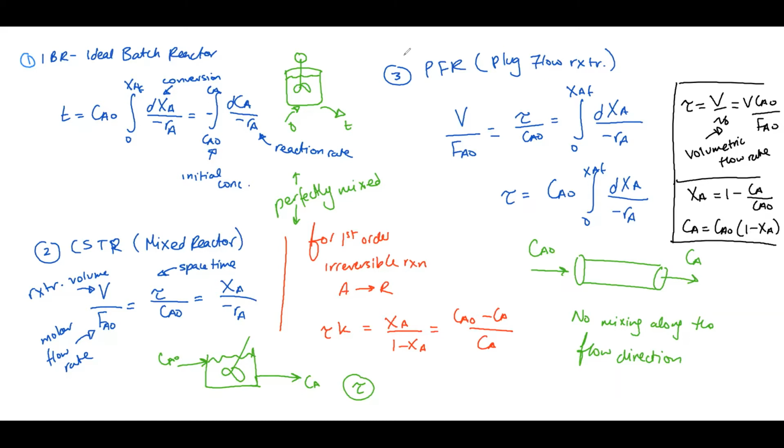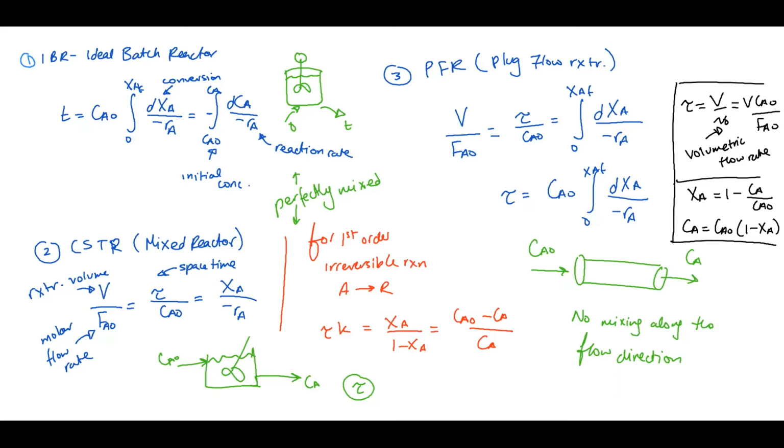And in this lecture, basically, we want to compare the reactor sizes of a PFR to a CSTR, right? So we're looking for the ratio of the volume of a CSTR divided by the volume of a PFR.